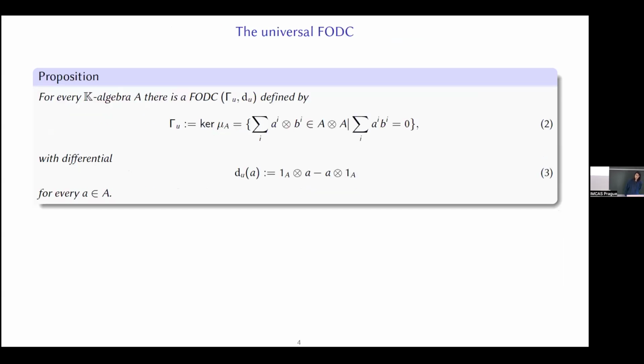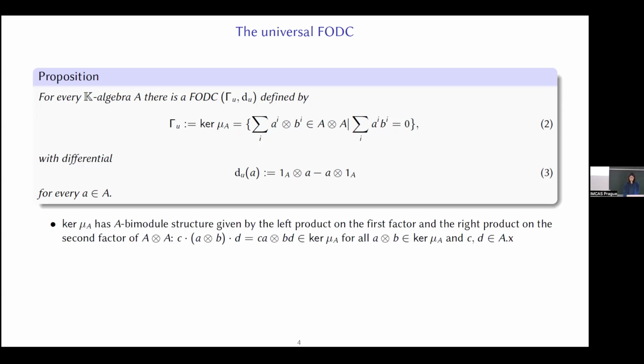Another example, and this is an important one, of a first-order differential calculus over a k-algebra A is that of the universal first-order differential calculus, taking Γ_u, the kernel of the multiplication map inside A⊗A, and d_u, this map here, sending a into 1⊗a − a⊗1, where 1 is the unit of A. You can prove that this is a first-order differential calculus.